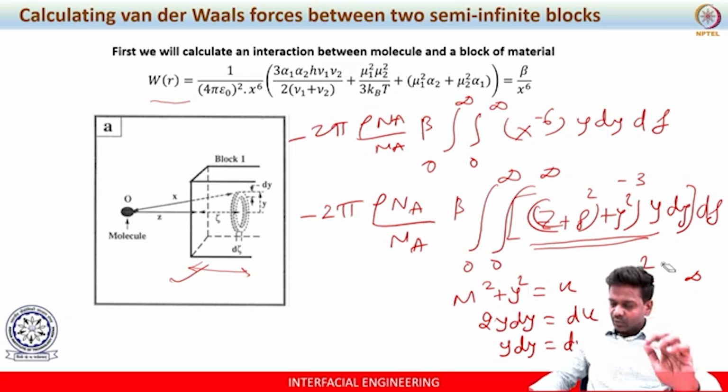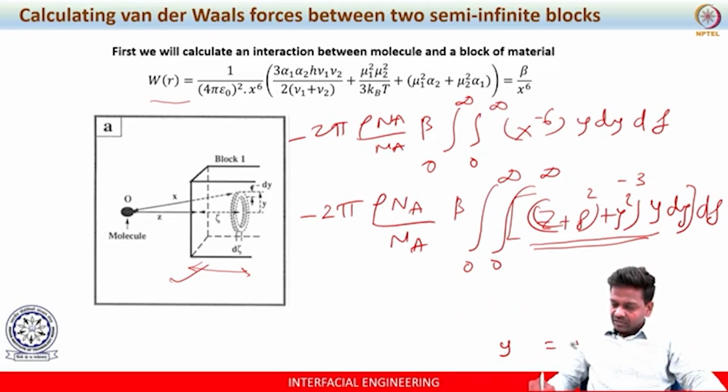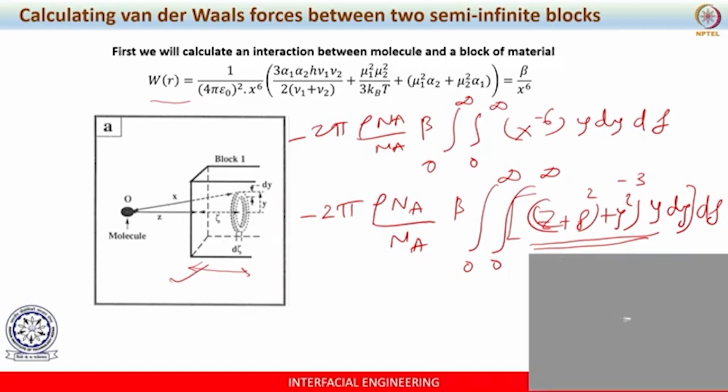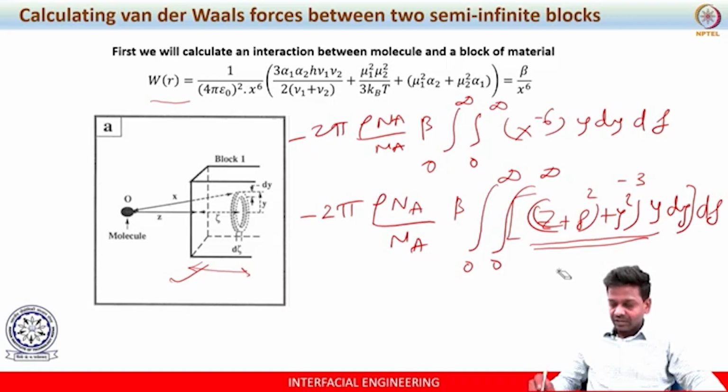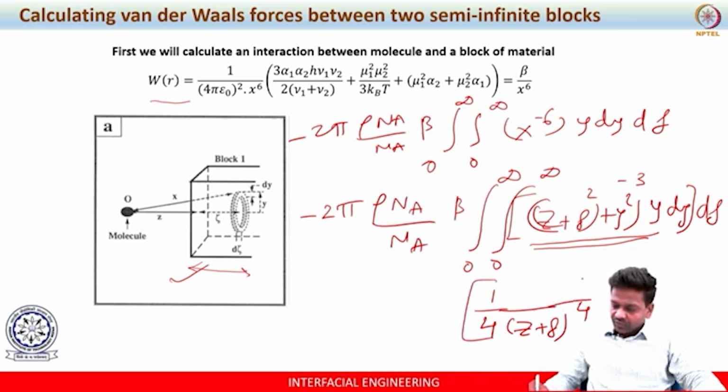If you perform the integration in this way, after substituting z plus zeta square plus y square as u, you will be able to perform the required integration, and the final answer, which you can also verify, will be 1 by 4 z plus zeta to the power 4. This is exactly what you get using the substitution method.